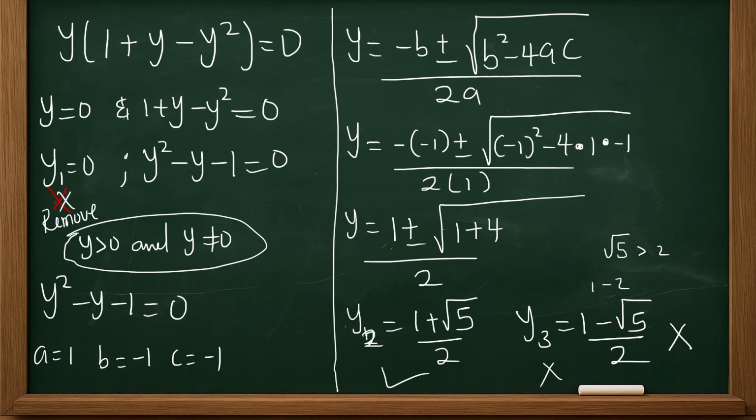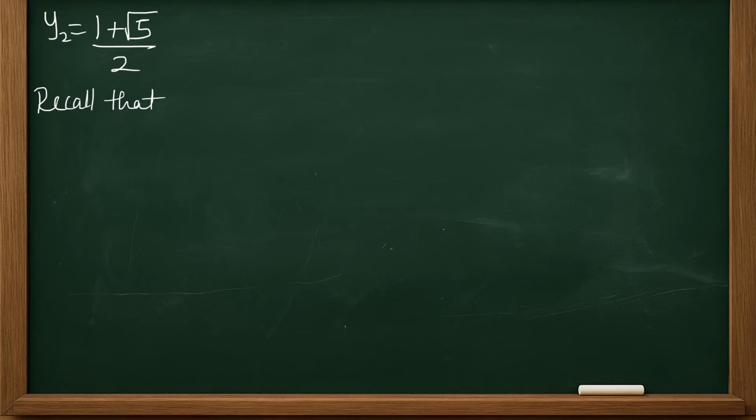So we deal with y2. Here we have our y2 equal to 1 plus the square root of 5 over 2. And recall that we have 2 to the power of a equal to y. So now we're going to plug in the value.